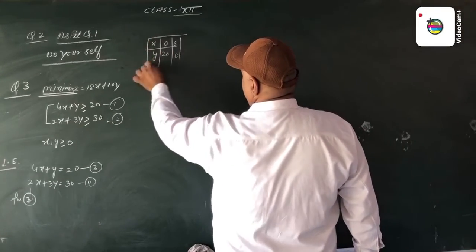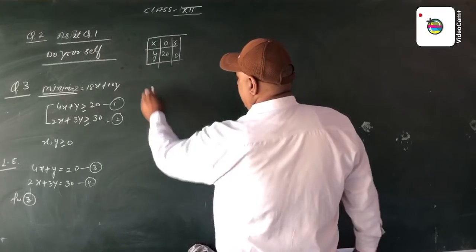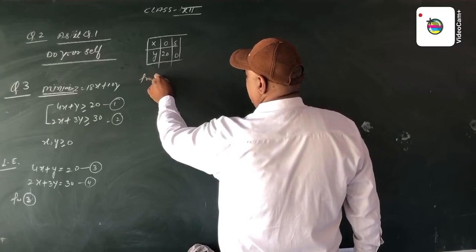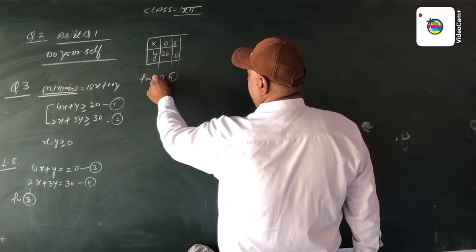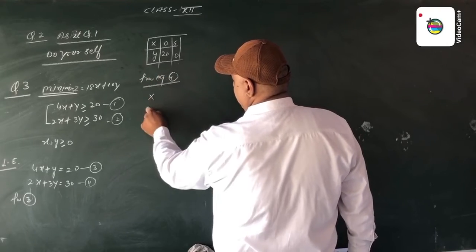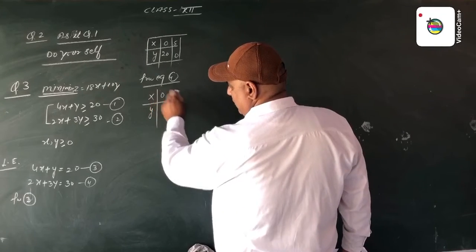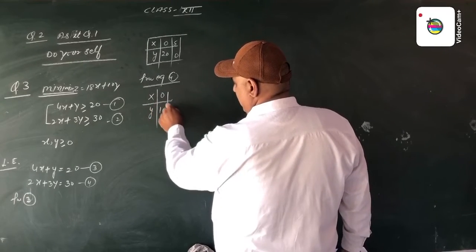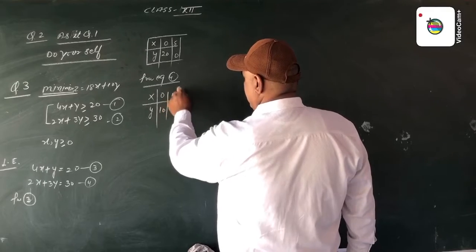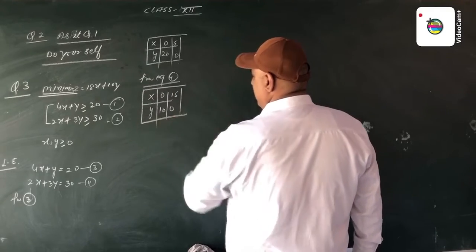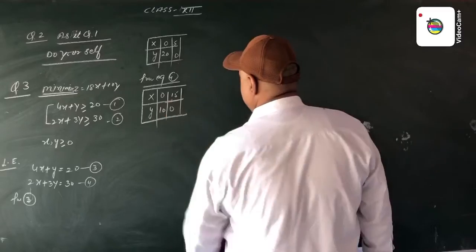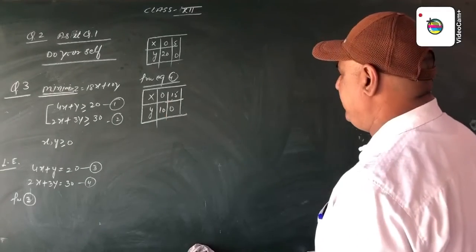Now from equation fourth, we get the values of x and y. We put x equal to 0, y is equal to 10, and y equal to 0, x is equal to 15. These are the values of x and y in equations third and fourth.